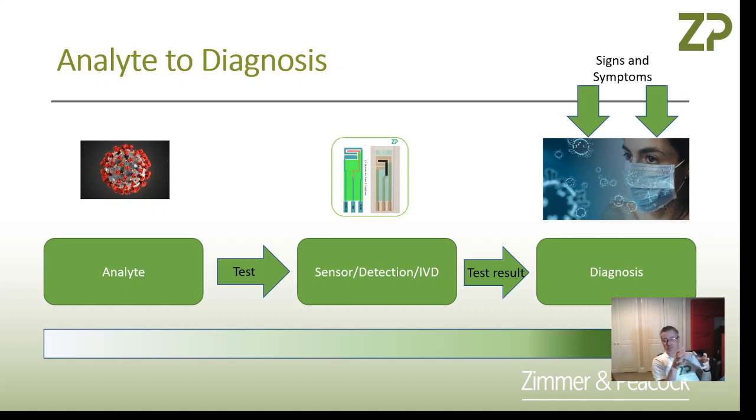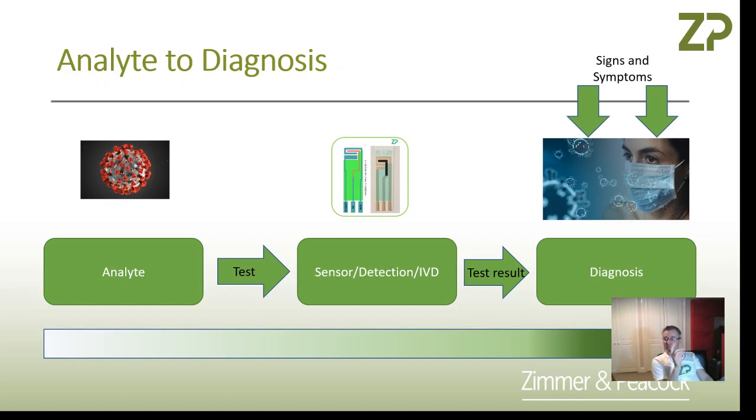So the IVD then gives you a test result, and it says positive or negative, and if it's positive, it might tell you to what degree you are positive. So you have COVID-19, it's brought to the sensor, it's detected, there's a test result that says, yes, positive, and that's a diagnostic test result.